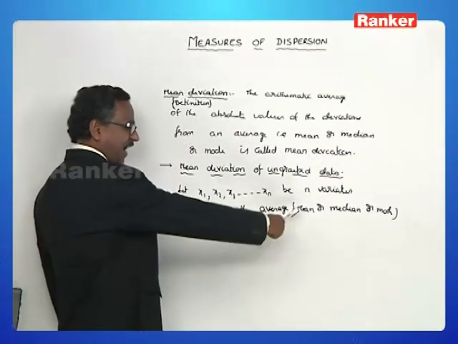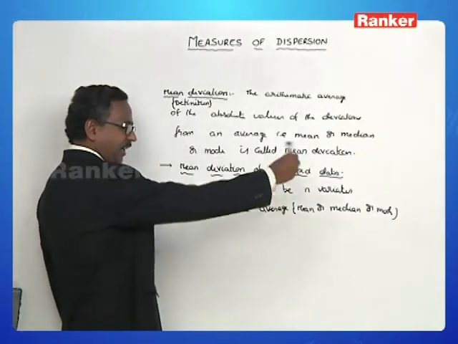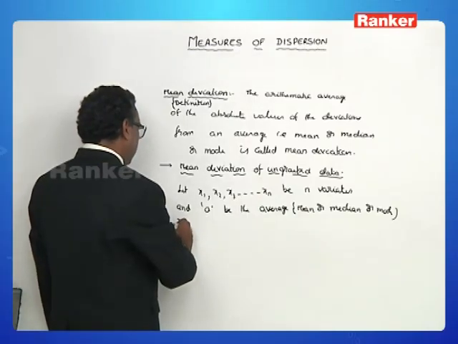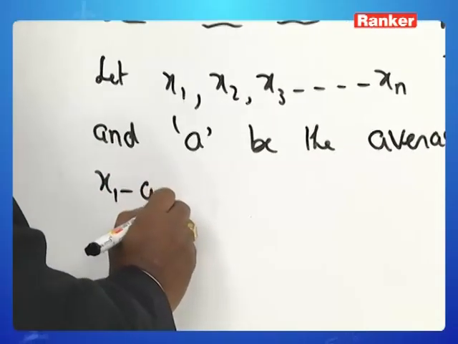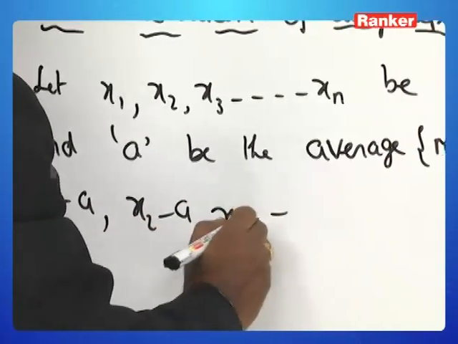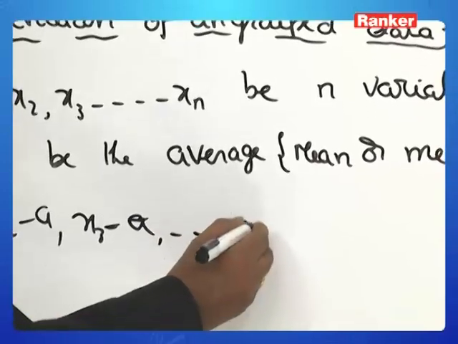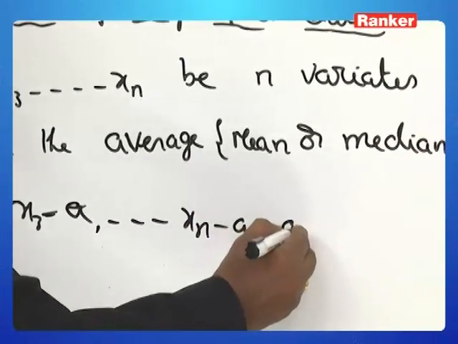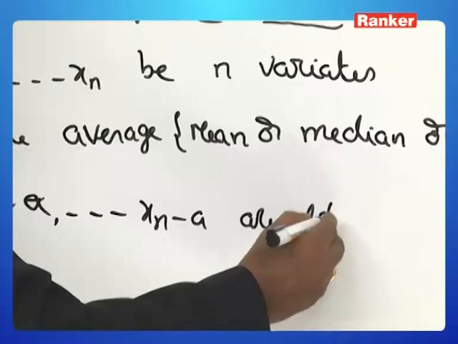So, x1 minus A, x2 minus A, x3 minus A, xn minus A are the differences.